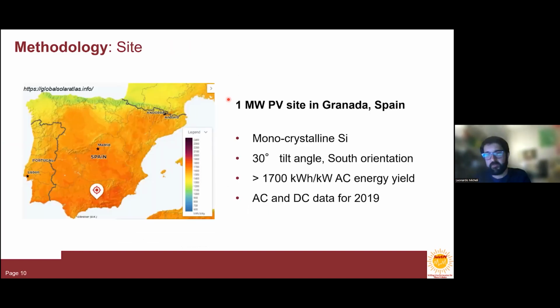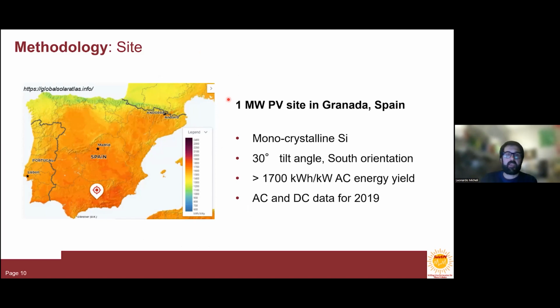The first part of the talk will be based on some data we got from Granada. Granada is a city in southern Spain, which makes it particularly interesting for Europe and probably also for the MENA region in general. Why?